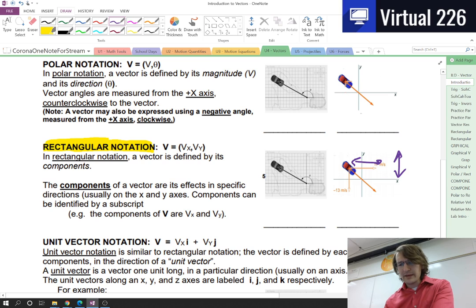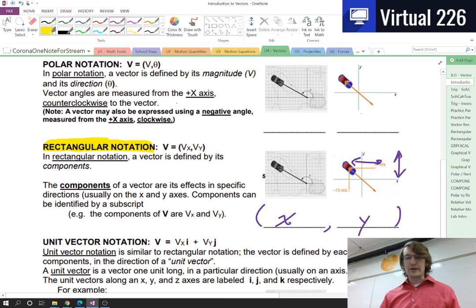So if we had some vector here, we would simply write this as x, comma, y. And specifically, if we were looking at something like velocity, it'd be the velocity in the x direction, the velocity in the y direction. But they are really just x, comma, y amounts that we could put in parentheses.